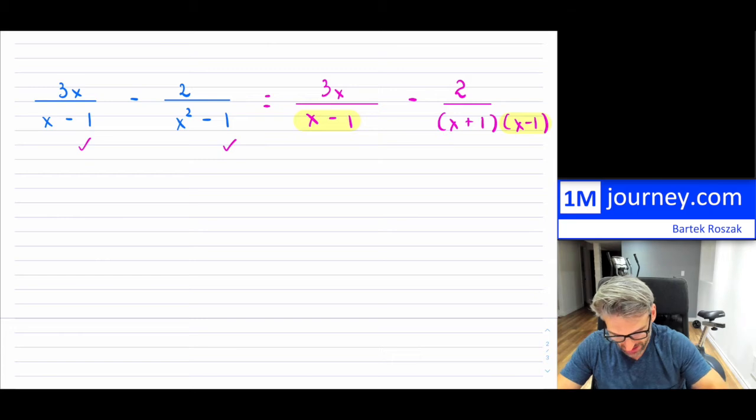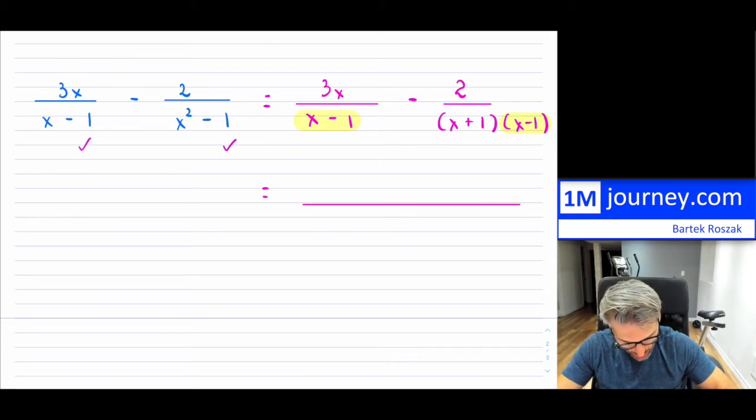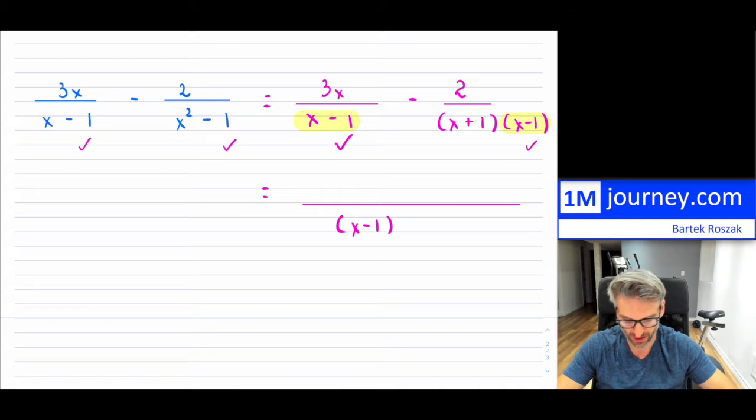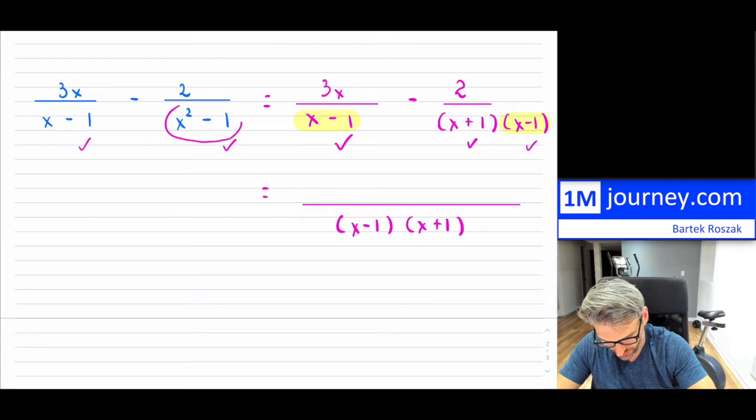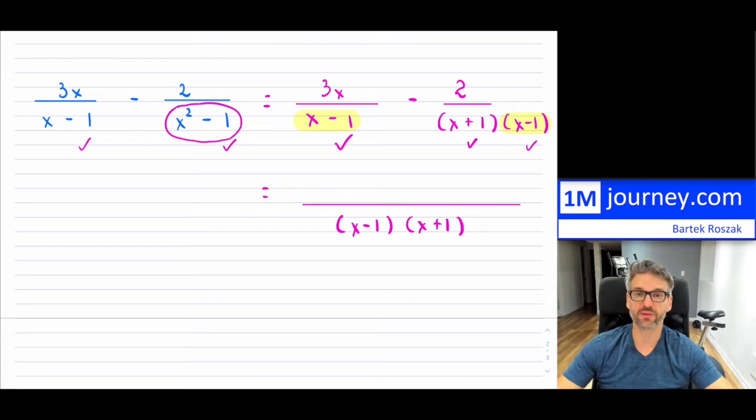Now I'm going to be setting my lowest common denominator. My first factor will be x minus 1, and then my second factor will just be x plus 1. If I wanted to distribute that across, it's going to bring me back to this difference of squares right there. So that is my denominator.